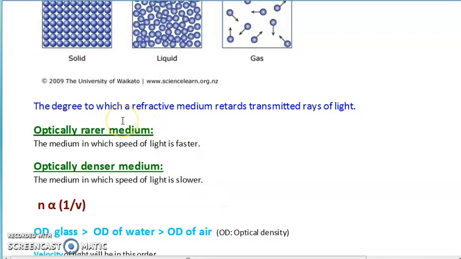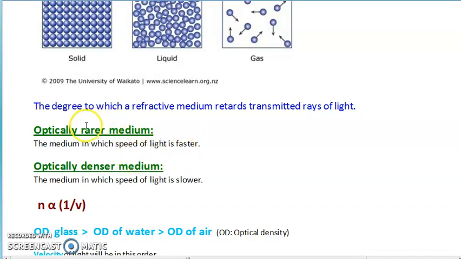And we are going to discuss the two major mediums. What is the first one? The first one is the optically rarer medium, and the second one is the optically denser medium. The optically rarer medium is that in which the speed of light is faster.